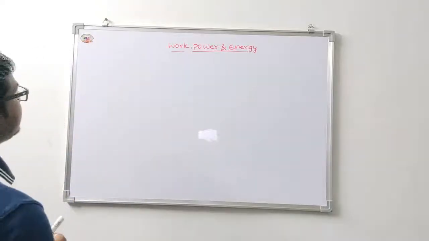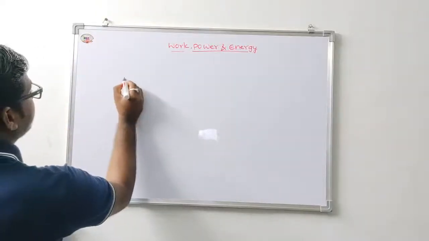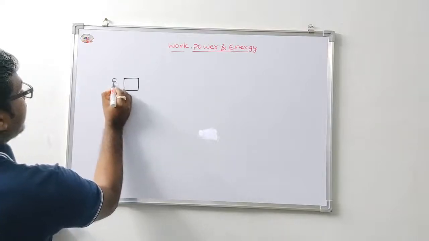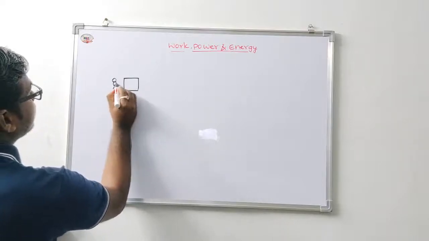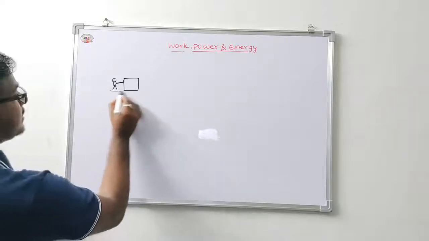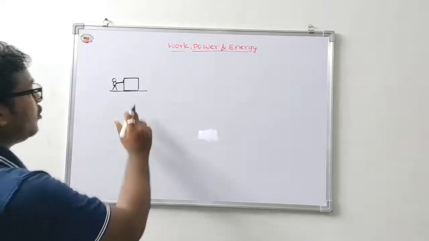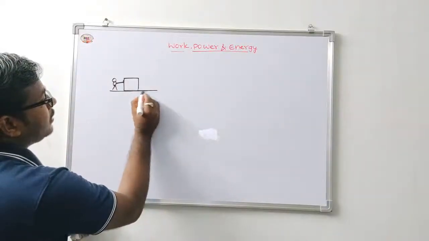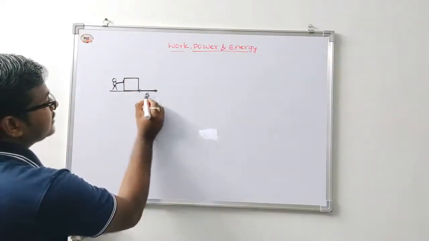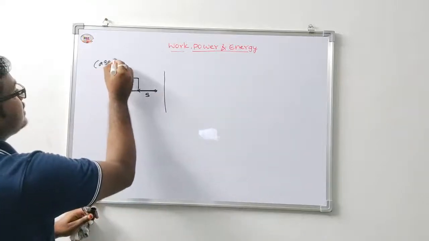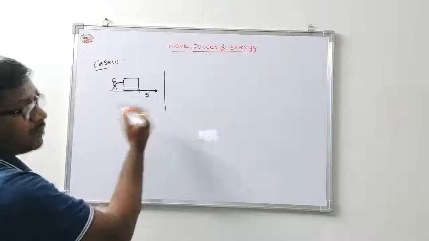The first case is a man pushing the block along the surface, to move the block by a distance S. This is case 1, the block is easily moving from one place to another.